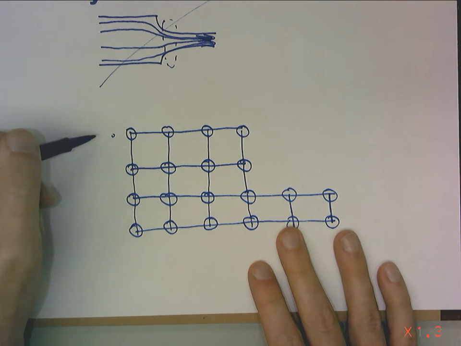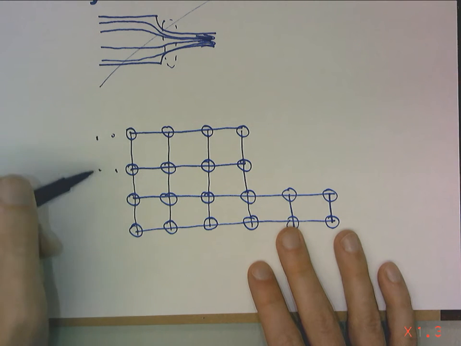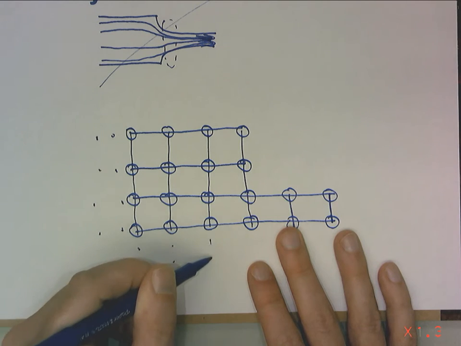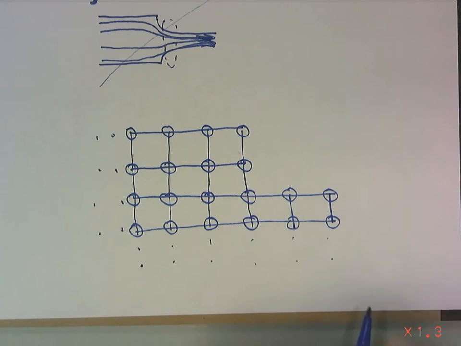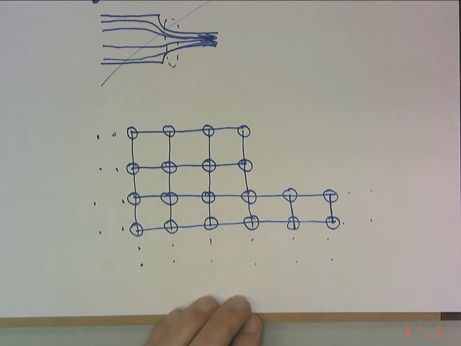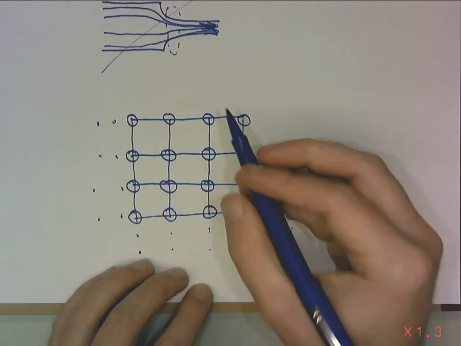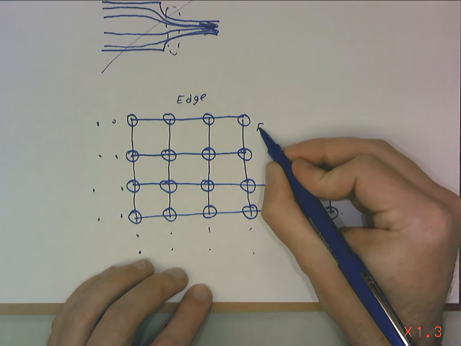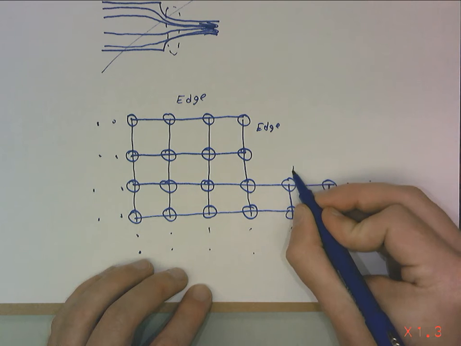It continues on this way, down this way, and out this way. Okay, so this is an actual edge, this is an actual edge, and this is an actual edge.